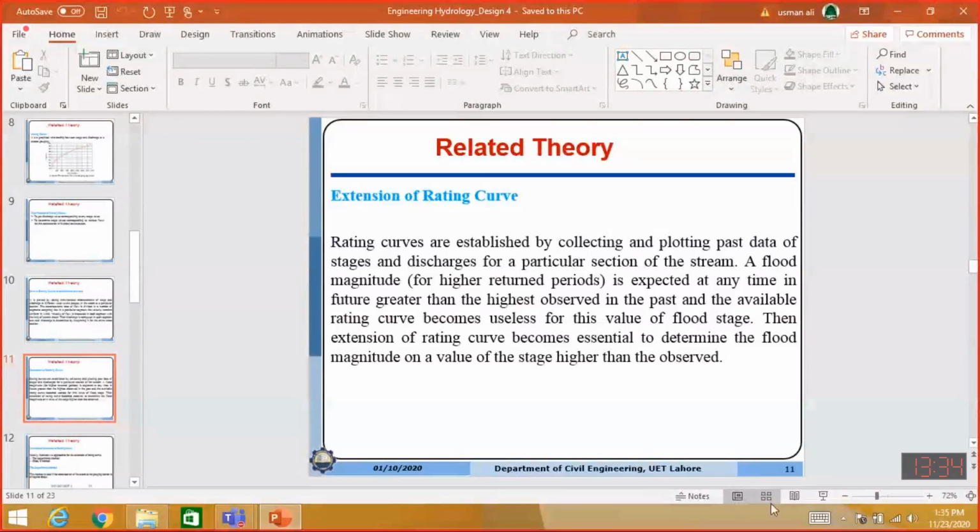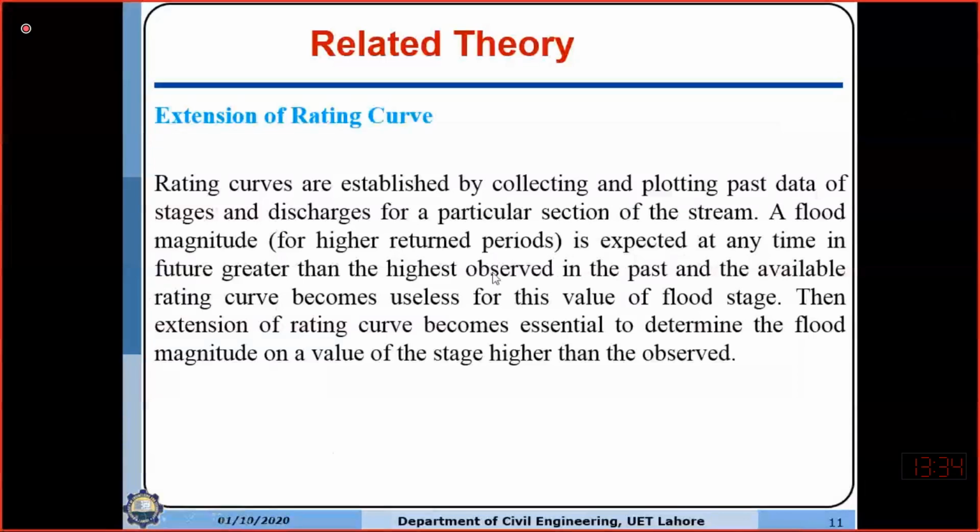So extension of the rating curve is required so that if we get more discharge than the past recorded discharge, or a stage more than the past recorded stage, we can use it for that stage or discharge value.